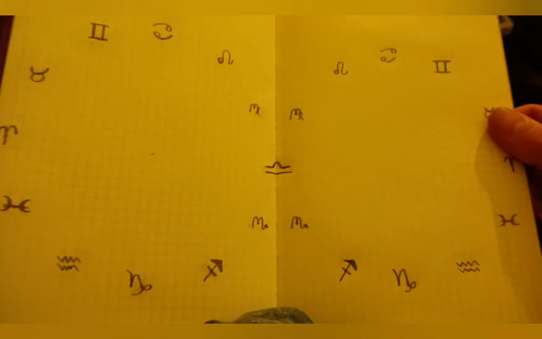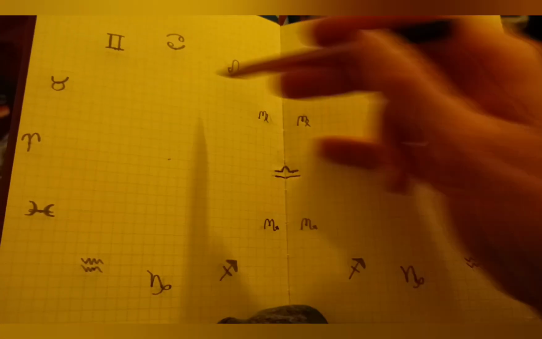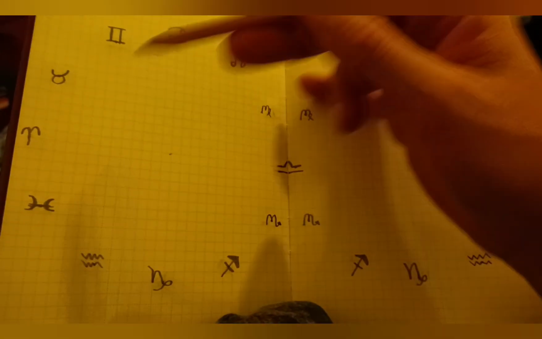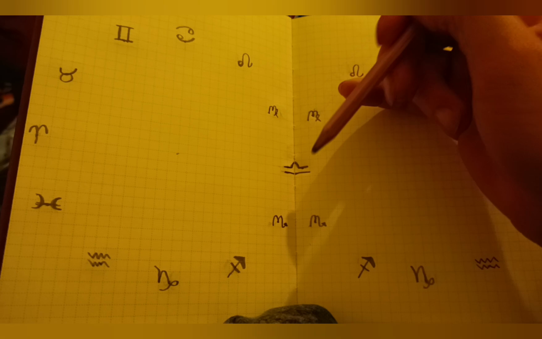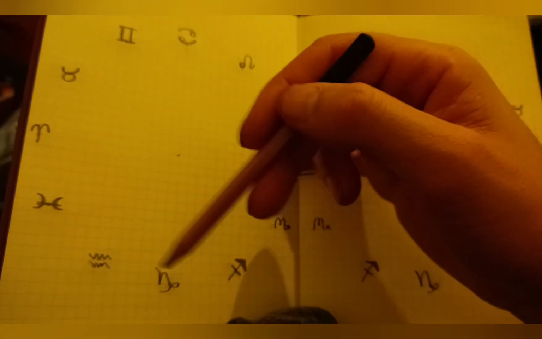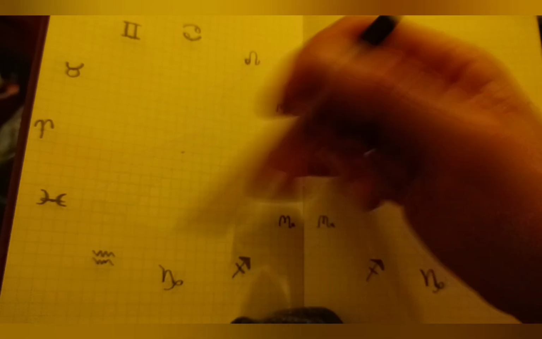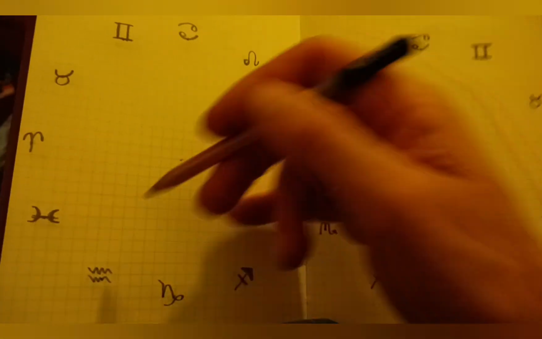So the field now is two complete circles where you have a wheel. So Aries, Taurus, Gemini, Cancer, Leo, Virgo, Libra, Scorpio, Sagittarius, Capricorn, Aquarius, Pisces. That is the zodiac wheel that we'd be familiar with.